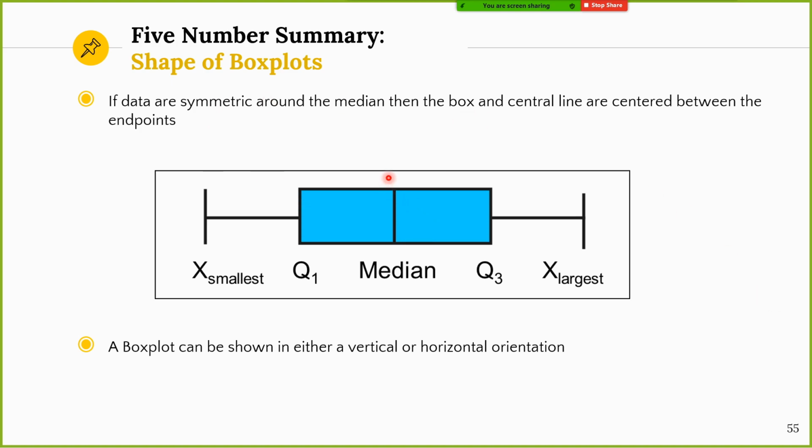You can see if the data is symmetric: the median is in the middle, and the Q1 and the Q3 are around it. So you can call this one symmetric.